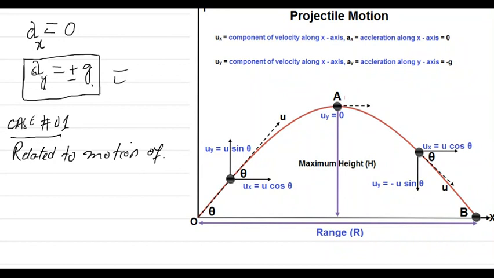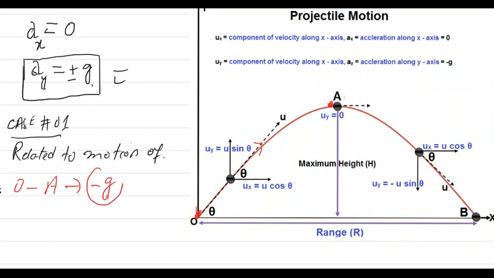Now in the diagram, from the origin till just before point A, what's happening? O to A, the motion is in the upward direction and it is against the force of gravity. Because it's against gravity, it will be minus g.